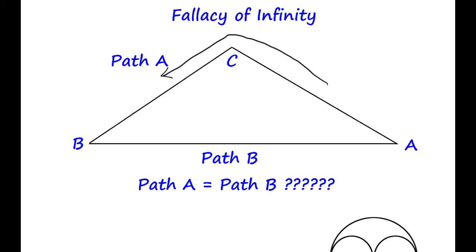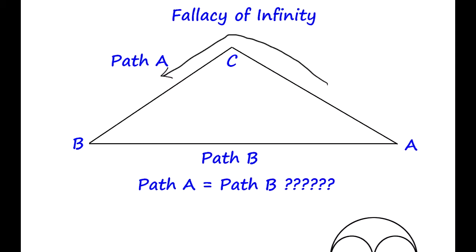But you have to be careful when you use infinite numbers. It has to be mathematically accurate, because there are a lot of fallacies that can fool you. For example, here, suppose path A is A, C, B, and path B is A to B direct.